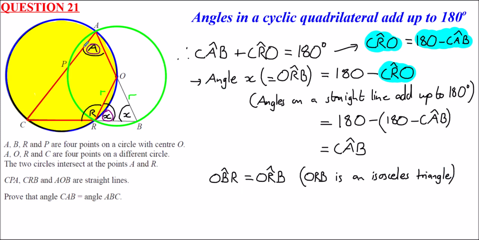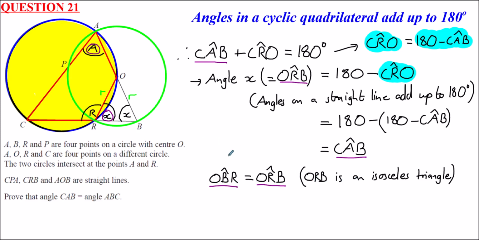So essentially what we're saying here is CAB is the same as ORB, which we proved, and then ORB is the same as OBR.